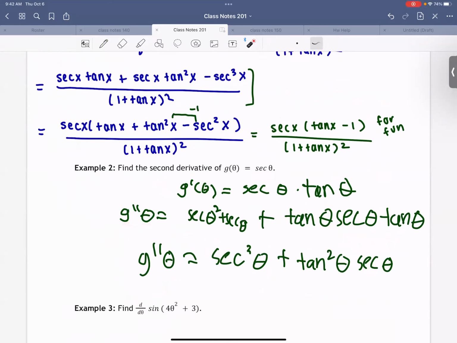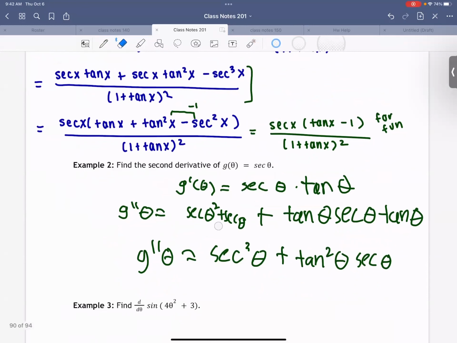So the derivative of secant tangent is secant squared times secant plus tangent times secant times tangent, and then you simplify it in the next step. Great job. You could have taken out a secant, that would be fine too. As I've been walking around, I saw that. But I think this would be great for a test or quiz.